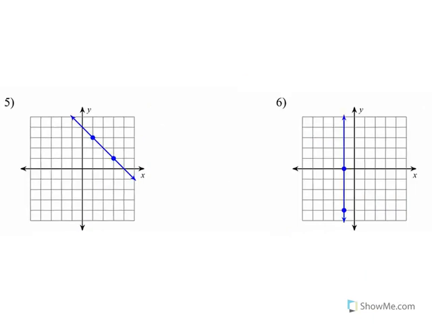Okay, here are our last two of these that we're going to do, and we're going to rewrite our cheat sheet first. So slope equals m, which is our rise over our run, or it is our change in y, sorry, change in y divided by change in x.